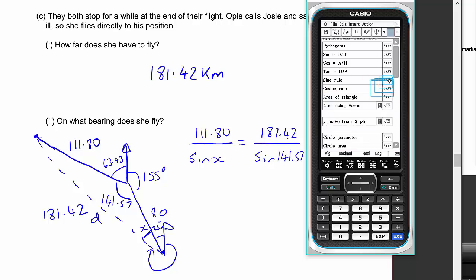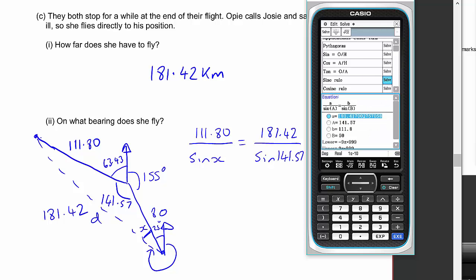So we want the sine rule, and my small a is 111.8, and we're trying to find this one. And then we've got 181.42, and this one is 141.57.